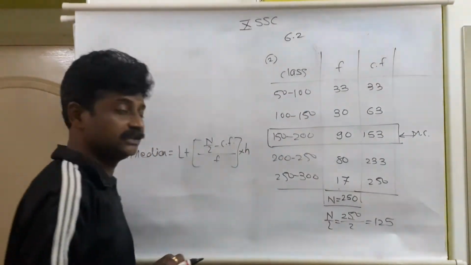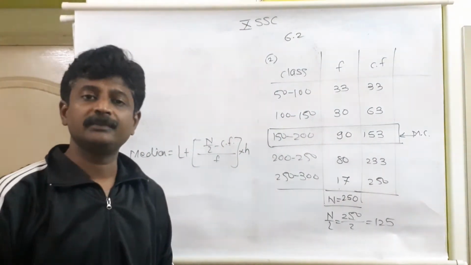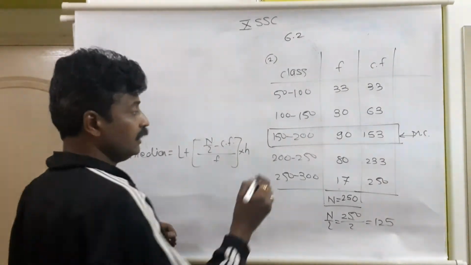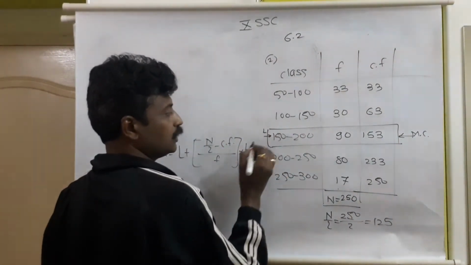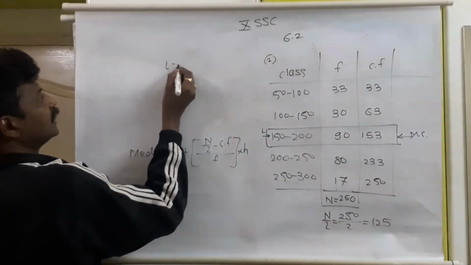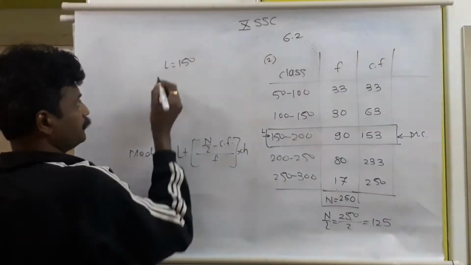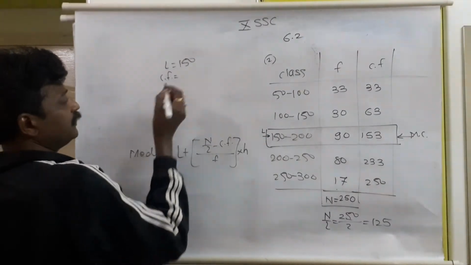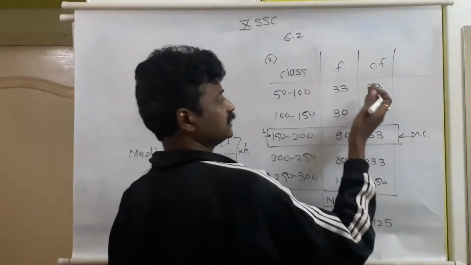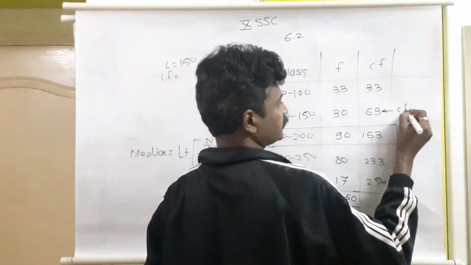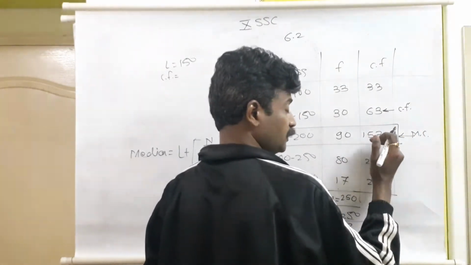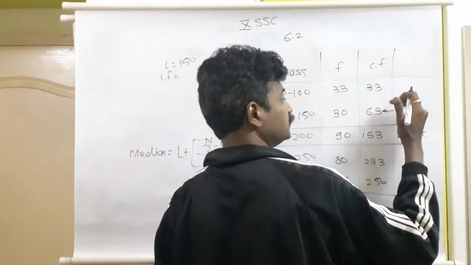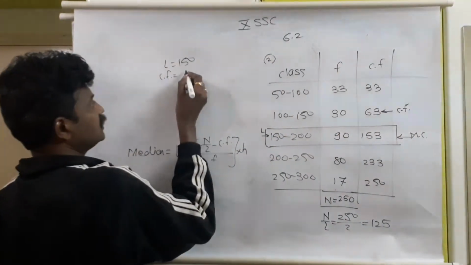Now, as this is the median class, lower limit in the continuous form. Classes are continuous, so lower limit L is equal to 150. CF is cumulative frequency of the previous class of the median class. Cumulative frequency of the median class is 153. Cumulative frequency of the previous class of the median class is 63.